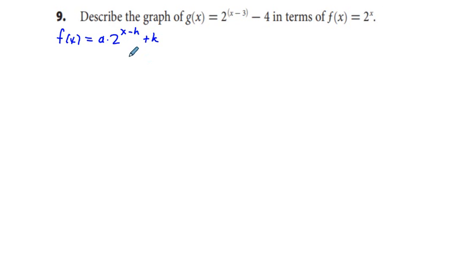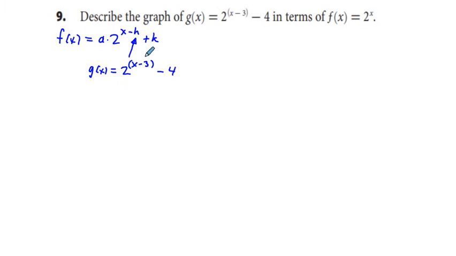Well, here we have in the function g of x equals 2 to the power of x minus 3. Okay, they put that in parentheses here. And we have minus 4 on the outside here.